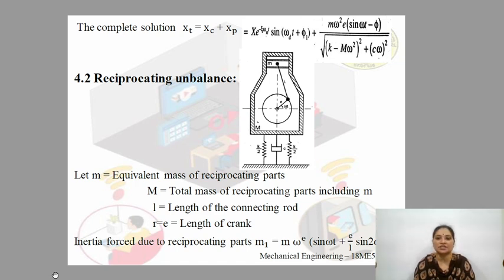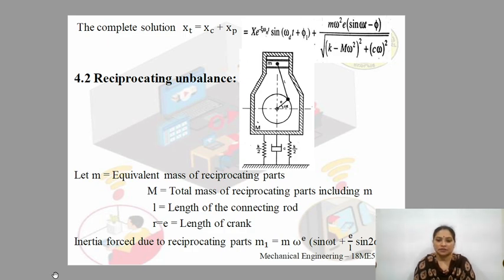Now the inertia force due to the reciprocating parts is equal to m omega square E [sin omega t plus (E by L) sin 2 omega t].